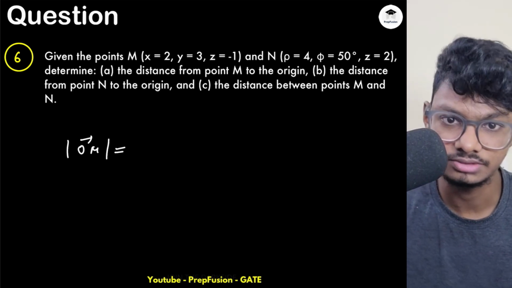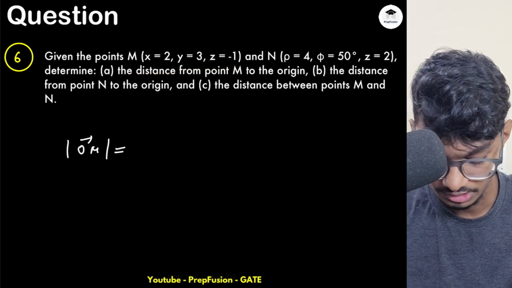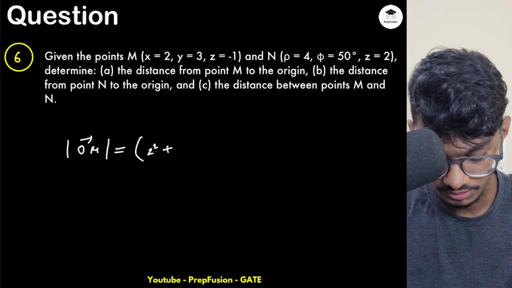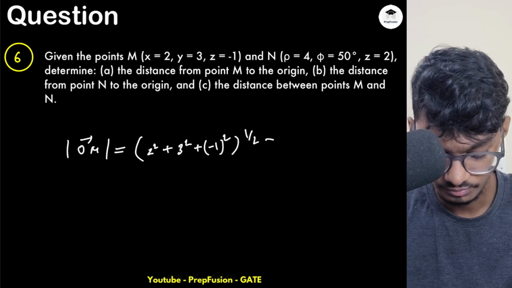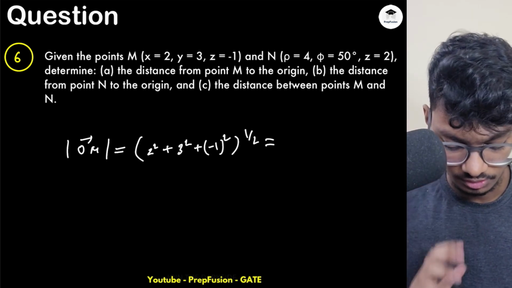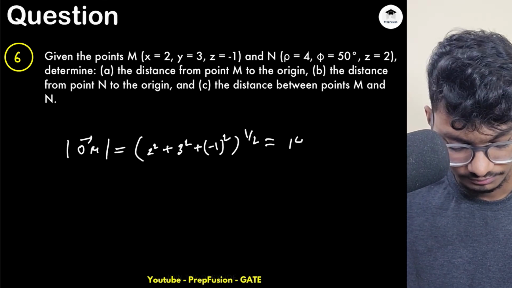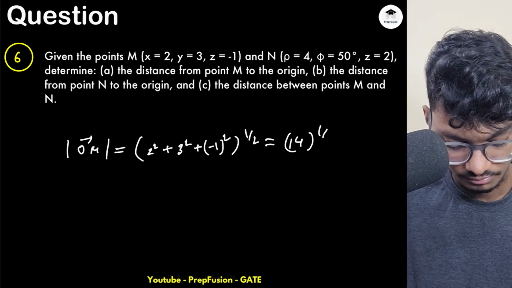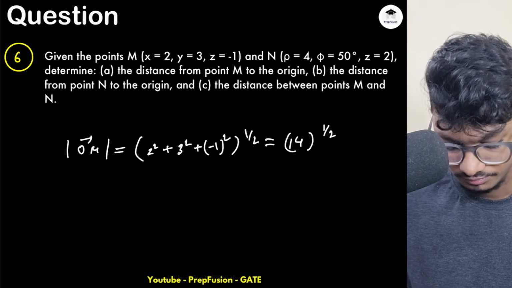For Cartesian, it's a cakewalk. Simply, it will be the square root of 2 square plus 3 square plus minus 1 whole square. This one we already know. So this is simply root of 4 plus 9 plus 1, that is root 14.